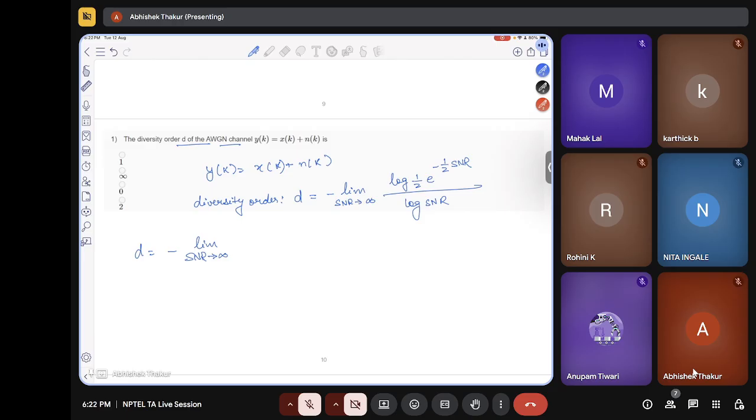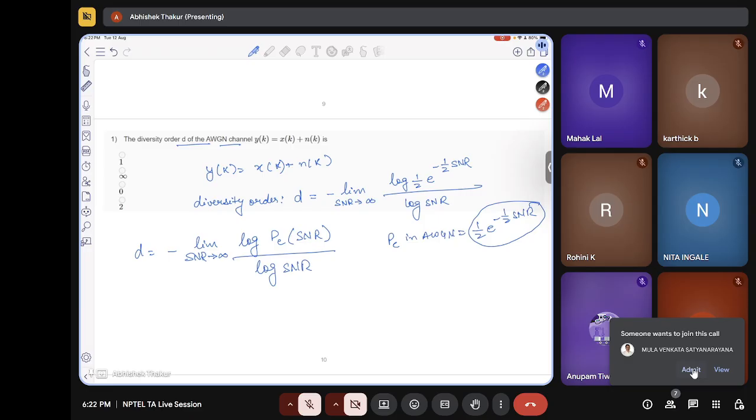So this actually the diversity order is the formula I will write, and this is for the AWGN channel. Okay, so actually it is log SNR, and it is the probability of error in AWGN channel divided by the log of SNR. So this term we know this is derived in the first lecture, so that's why we directly put that value there.